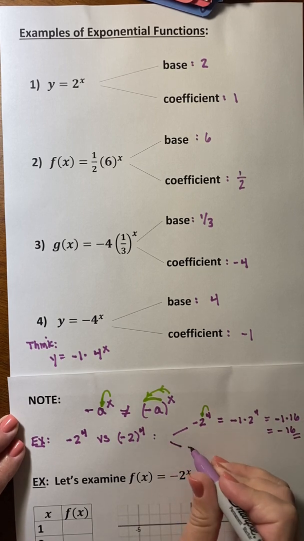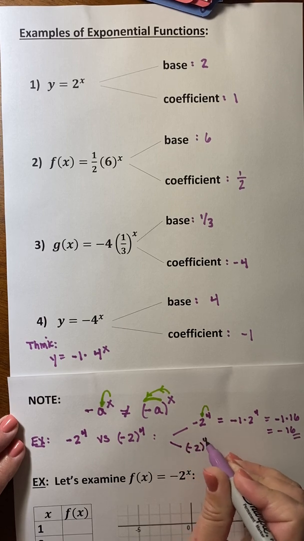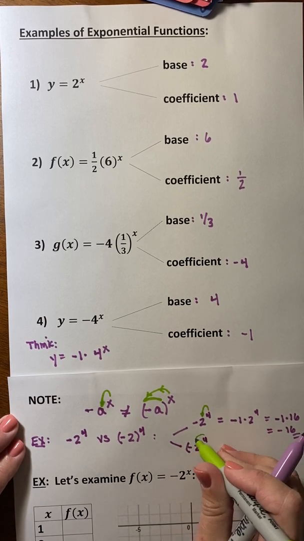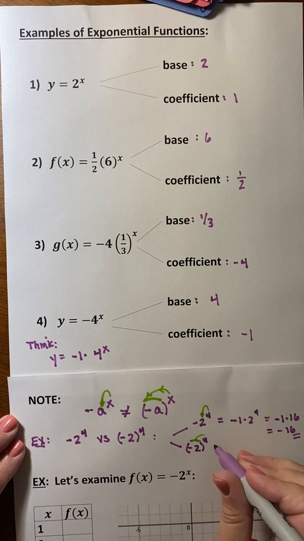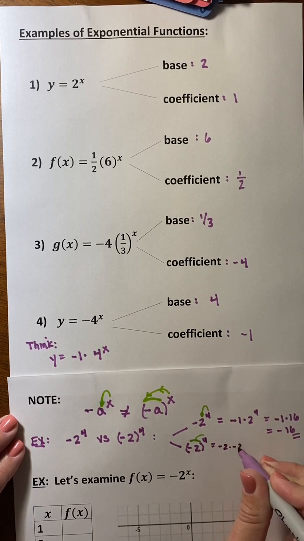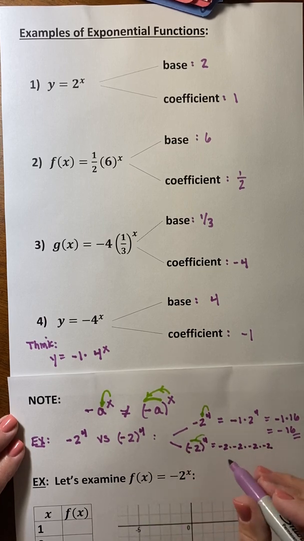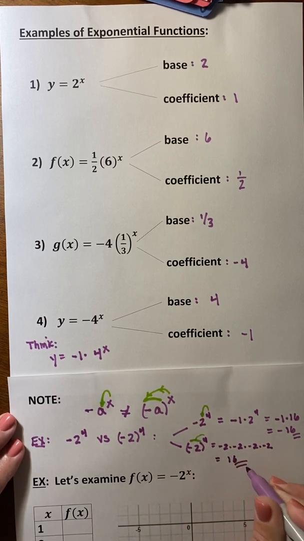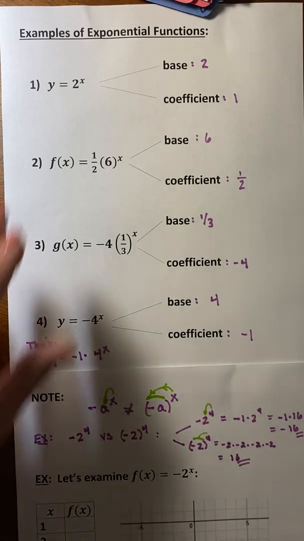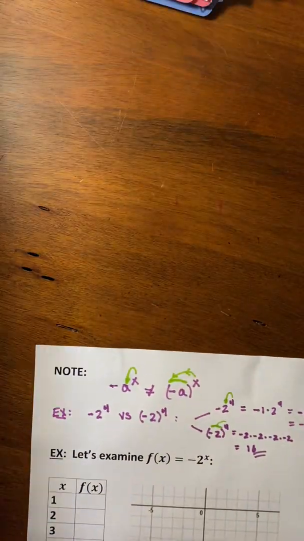But if we did (-2) to the 4th power, this 4 applies to the 2 and the negative, which would be -2 times -2 times -2 times -2. So that 4 applies to the negative out front of the 2, which would be +16. So be really careful when doing that evaluation.